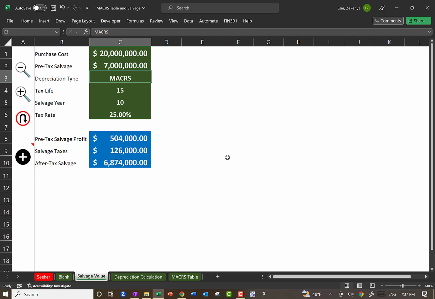It's MACRS depreciation. Tax life is 10 years. And salvage year is 5, because that's the project life, okay? And tax rate is 18%. So my after-tax salvage is 7,066,960.